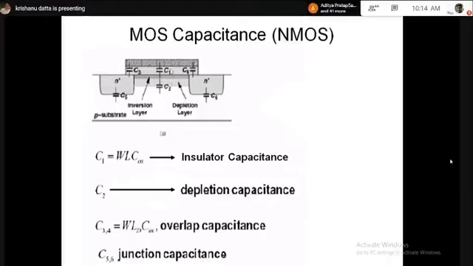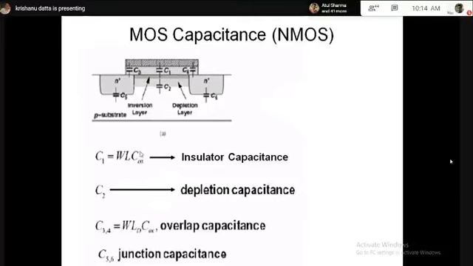Then there are two interesting capacitances called C3 and C4. But before that, C1 is always the dominant capacitance. And this equation I wrote before also, that from fundamental physics the equation of capacitance is epsilon A by D. So epsilon by D, in this case D is the thickness of the insulator and epsilon is the permittivity.